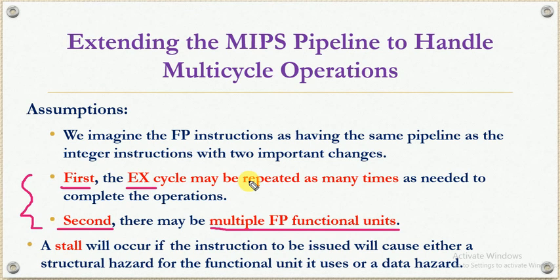In these situations there is a chance of stalls occurring if the instruction to be issued will cause either a structural hazard or a data hazard. As we mentioned in previous sessions, a stall may occur only because of the non-availability of a functional unit or the non-availability of data.